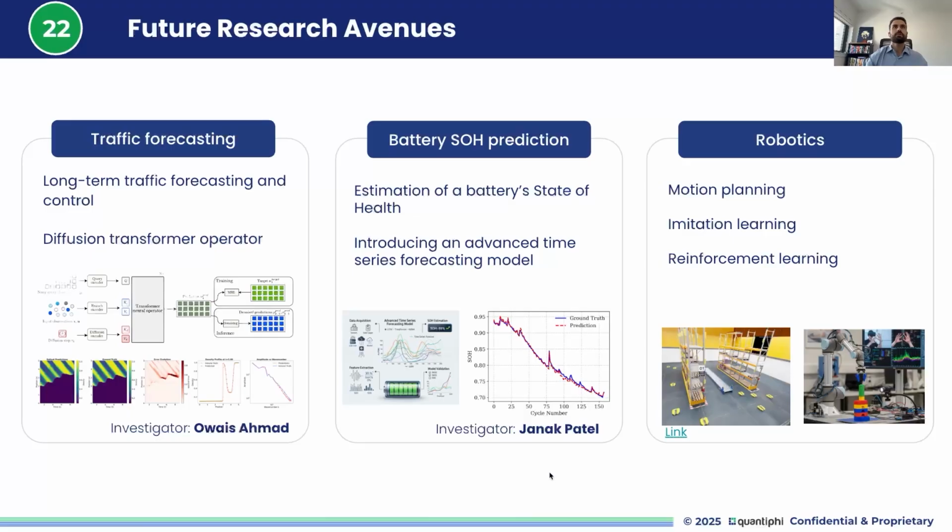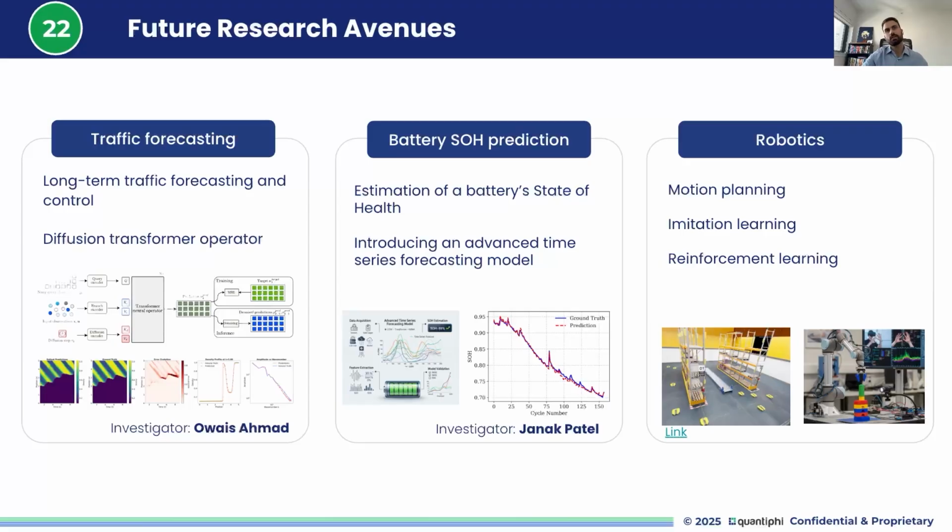All right, for the future research avenues, we are currently working on some exciting topics. We look at traffic forecasting. We developed a diffusion transformer operator, again based on physics, by modeling the traffic as fluid flows. We achieved accurate long-term traffic forecasting, and we are currently working on expanding it to high-dimensional systems.